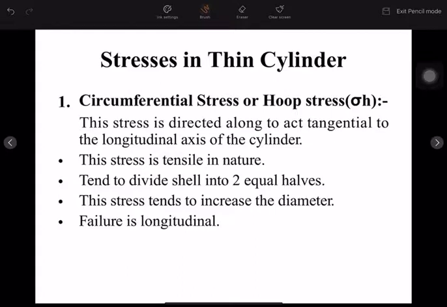As there are three stresses, the first one is circumferential stress or hoop stress. We can define this stress as acting tangential to the longitudinal axis of the cylinder.